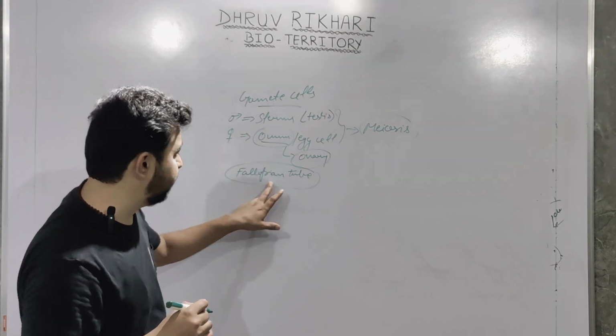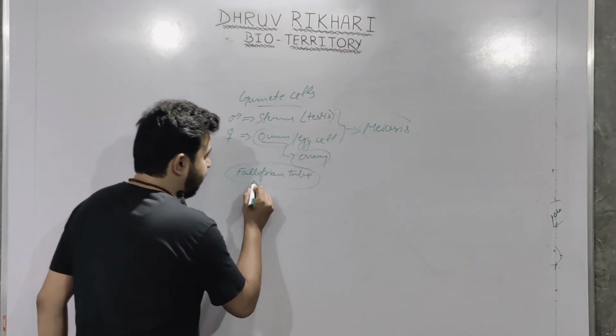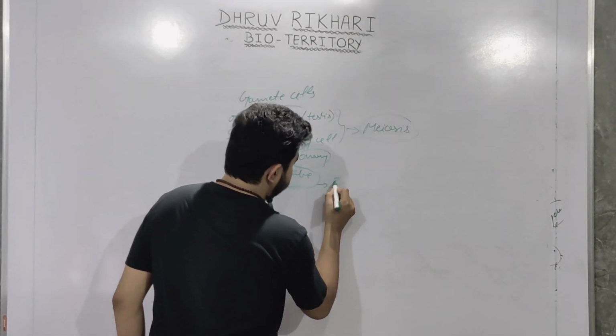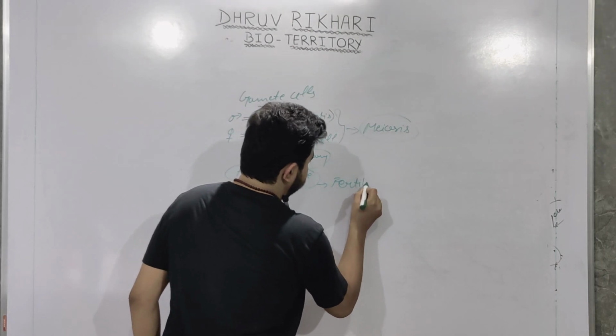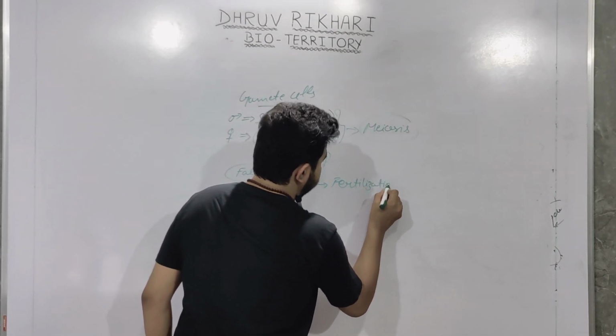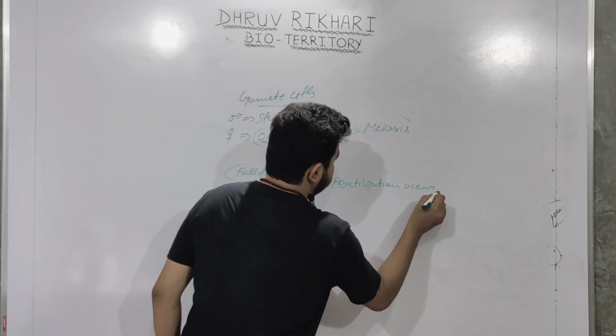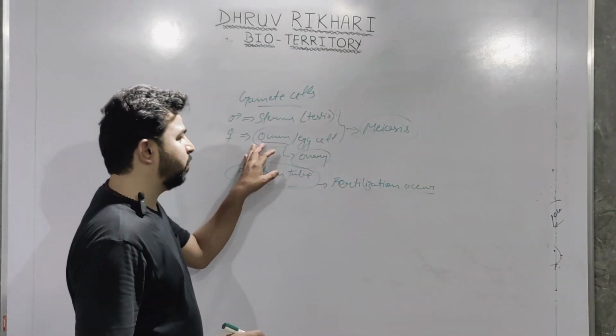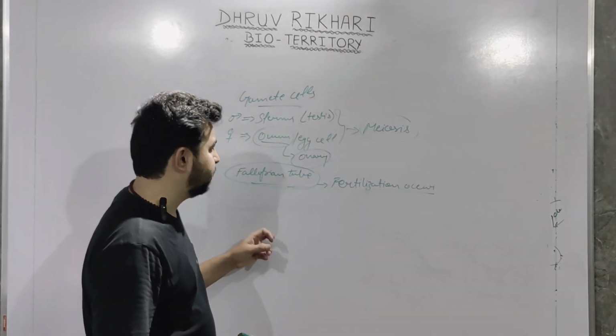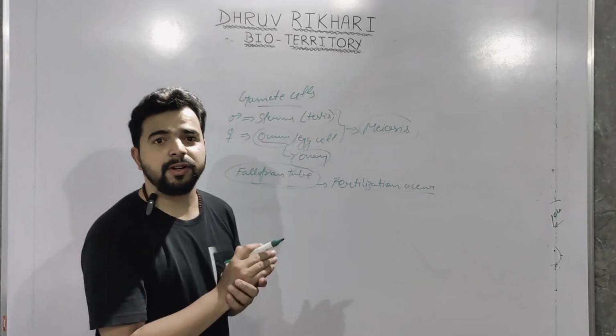When this ovum reaches the fallopian tube, at this particular region the fertilization takes place. So fertilization occurs.